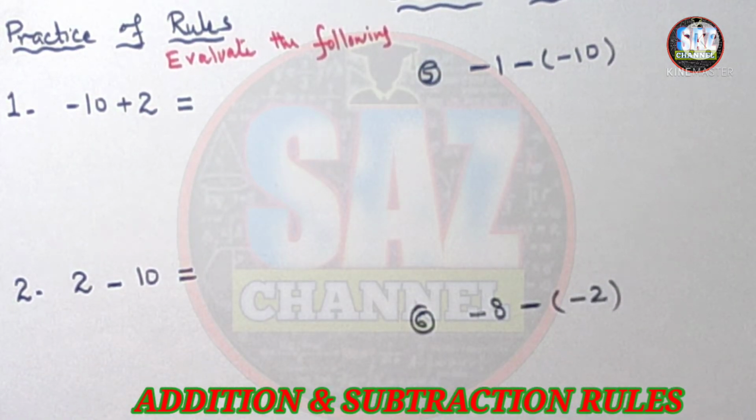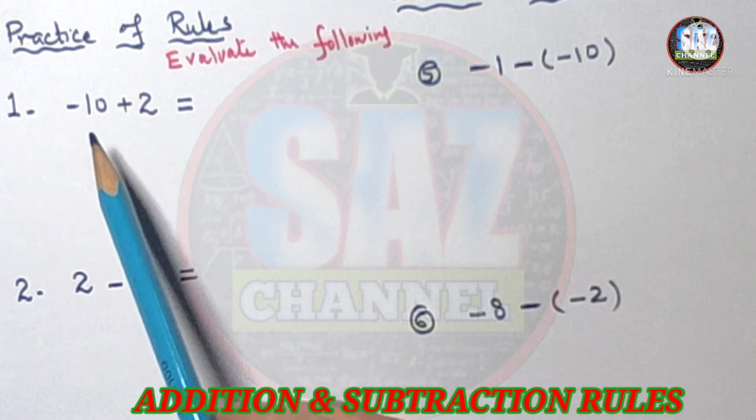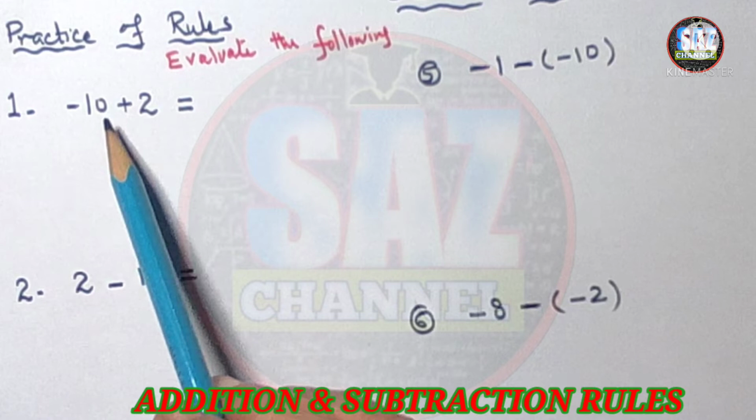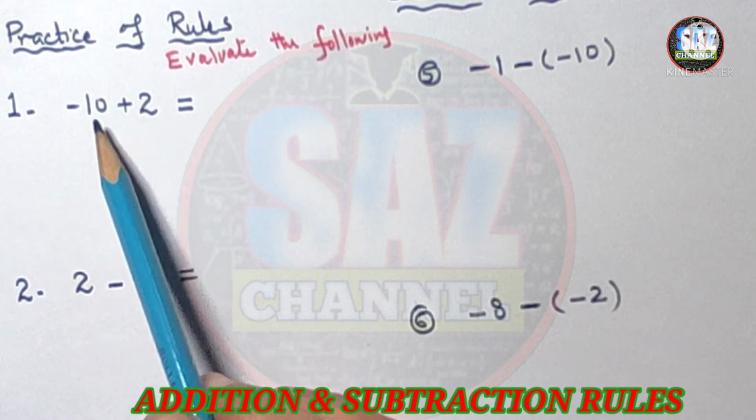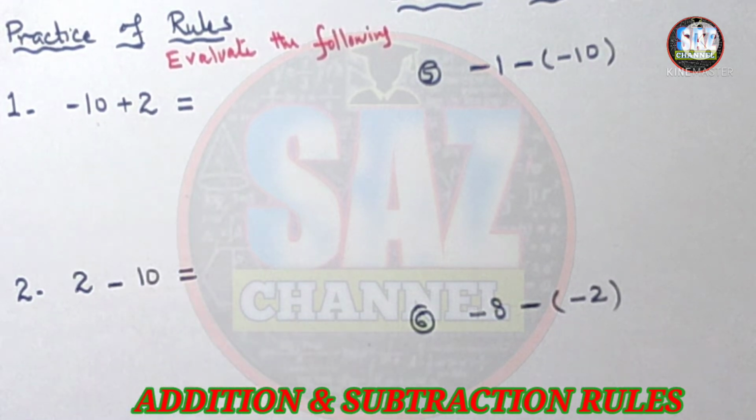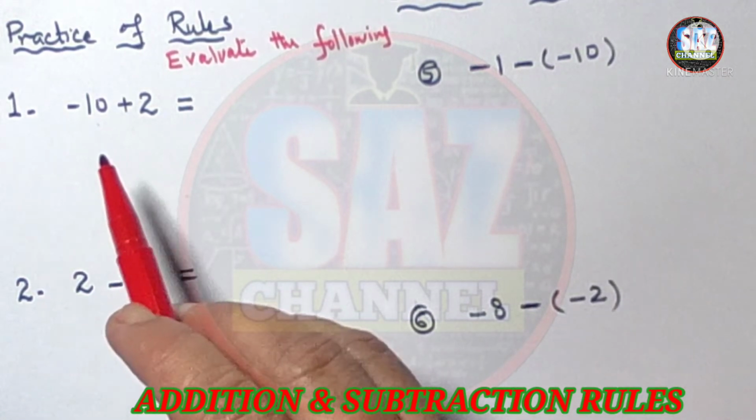If we look at the first situation, we can see that we have 2 numbers, 10 and 2, but with different and opposite signs. So recall what we are going to do in case of opposite signs. We simply have to subtract, and we have to attach the sign of the bigger term with the answer.